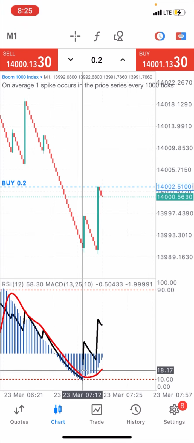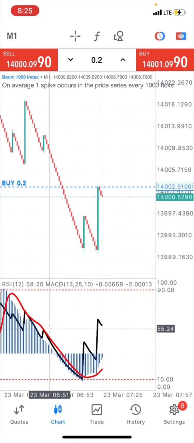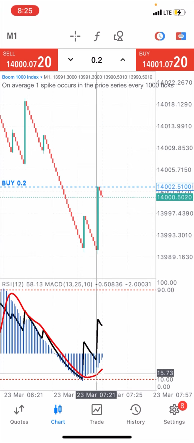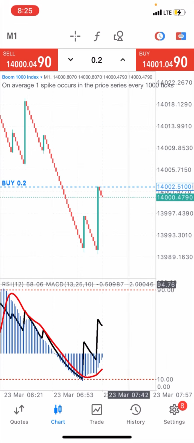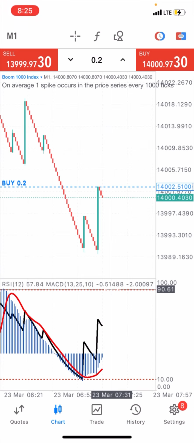And the red line too has to come back to this region. I mean, this red line here and this black line, they have to come back to the level 90 here before the market will print a proper downward direction.